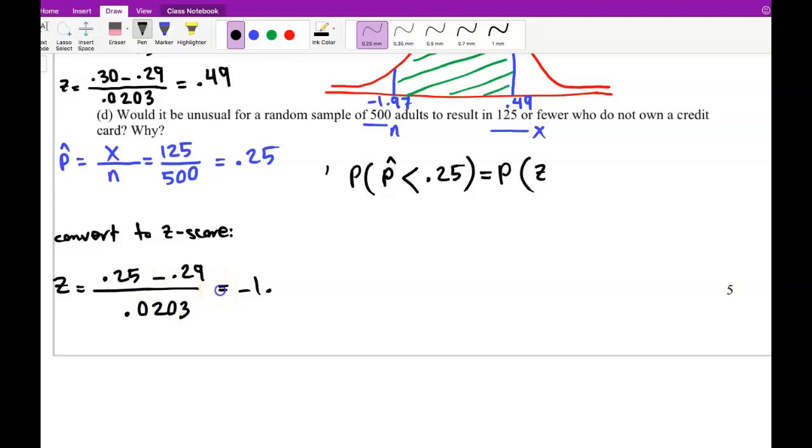So it's negative 1.97. So less than negative 1.97. Use the table, this is the area to the left. And the answer is 0.0244.